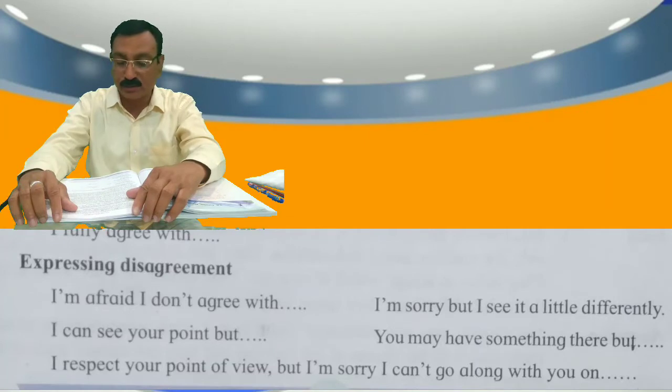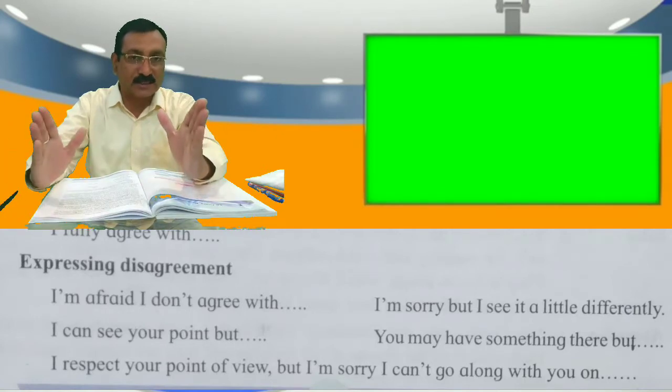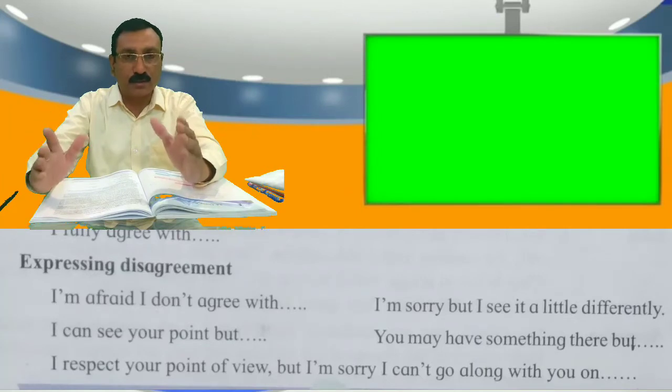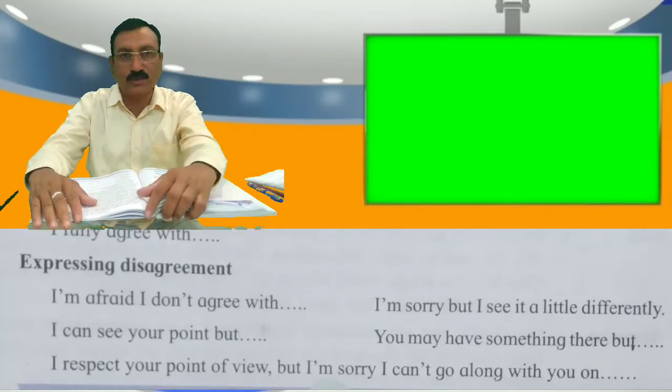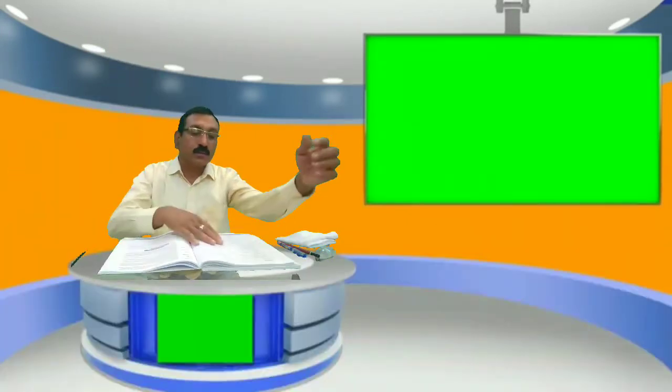And the last one is, you may have something there, but. So when somebody expresses his opinion, his thoughts in the group discussion, you can express your disagreement using expressions like this.